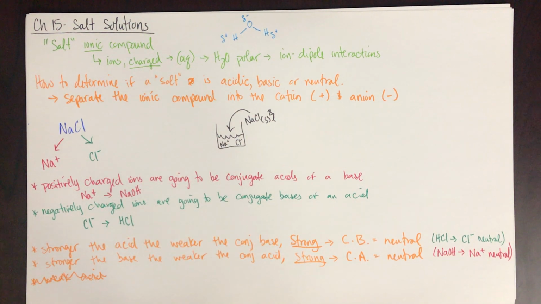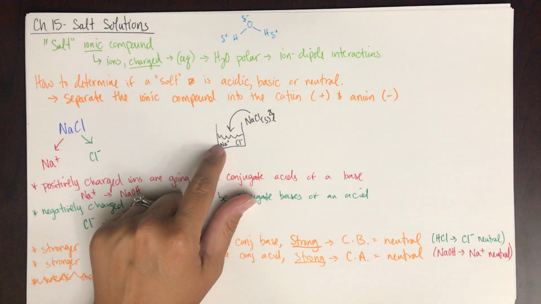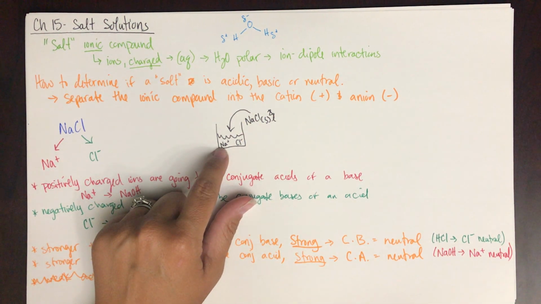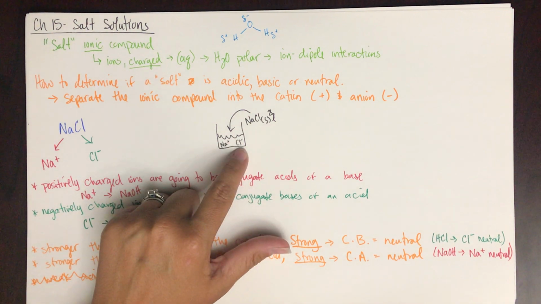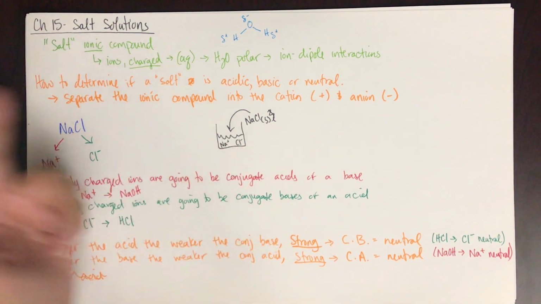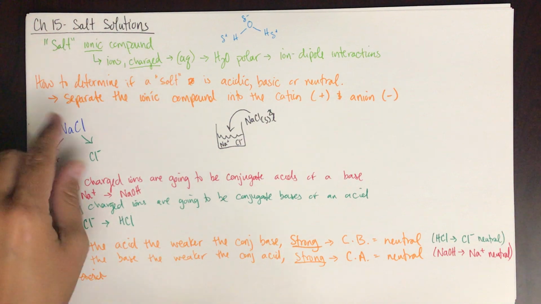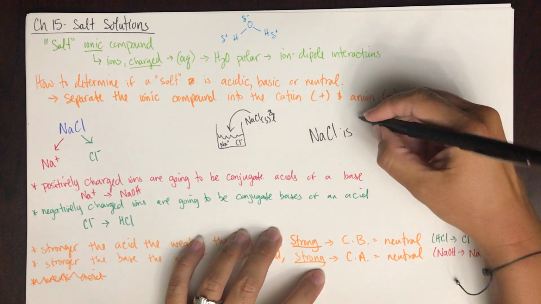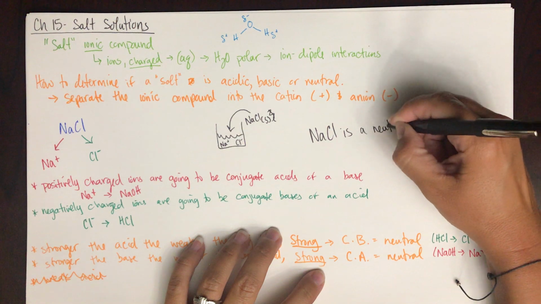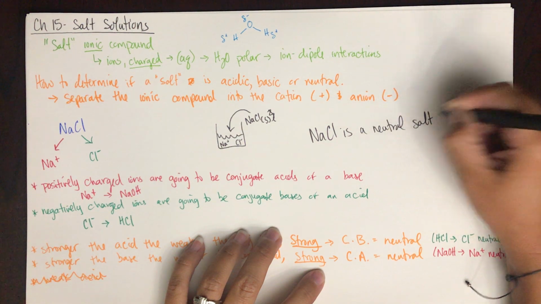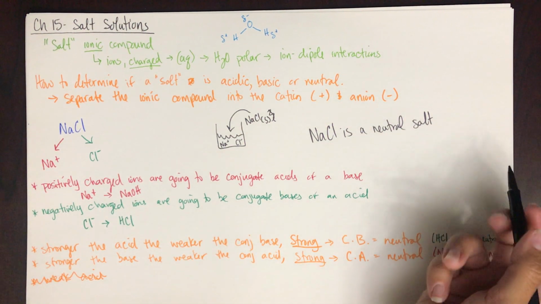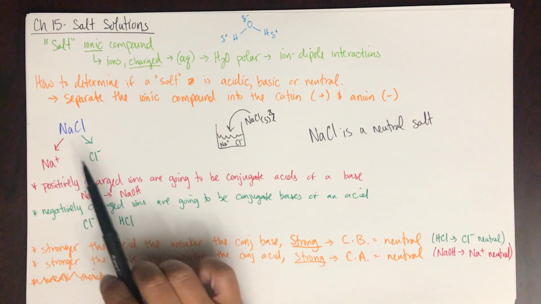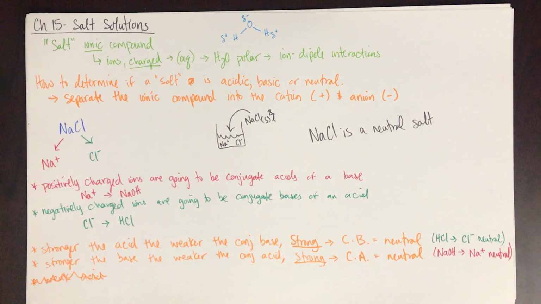So if this water was neutral and you put in a neutral sodium ion and a neutral chloride ion, it's not going to change the pH of the solution because sodium chloride is a neutral salt. It is a neutral salt because it is made up of two neutral ions.